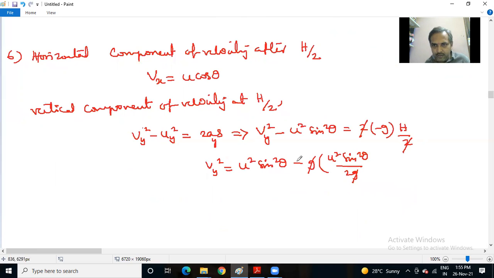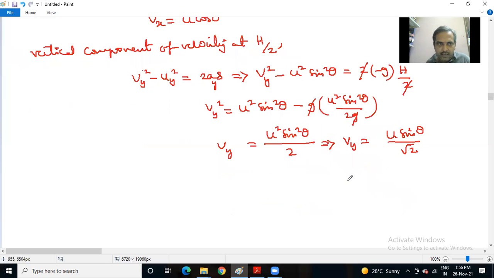After you take LCM as 2, u square sin square theta minus u square sin square theta, it will be u square sin square theta by 2, which is Vy square. Now the vertical component of velocity after half of the maximum height is u sin theta by root 2.